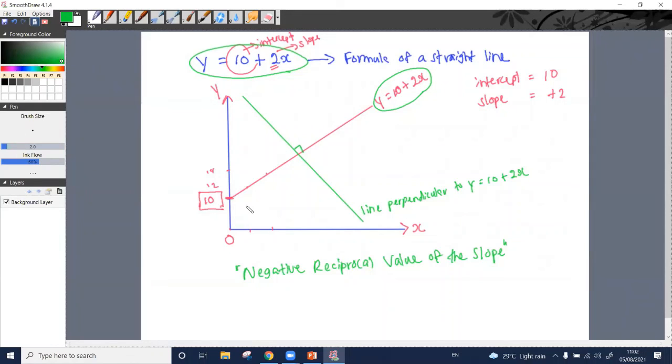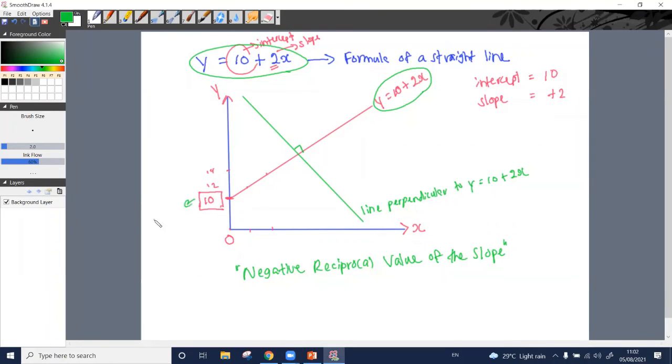What is the value of the slope on this line? Is the value of the slope 10? Right? 10 is the intercept. Intercept means, when the value of x is equal to 0, the value of y. If we substitute 0 for x, what do we get as the y value? 10. That is the intercept.